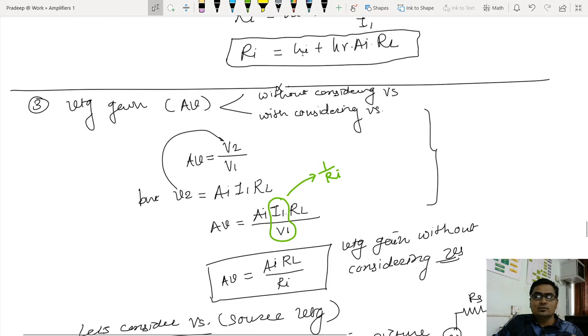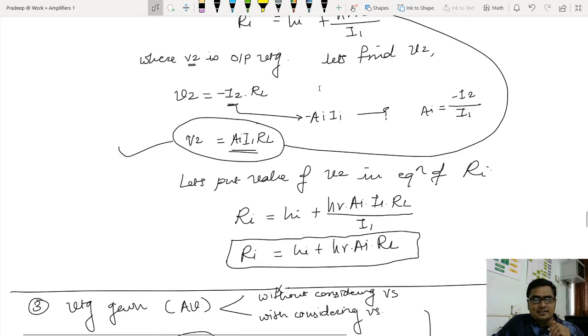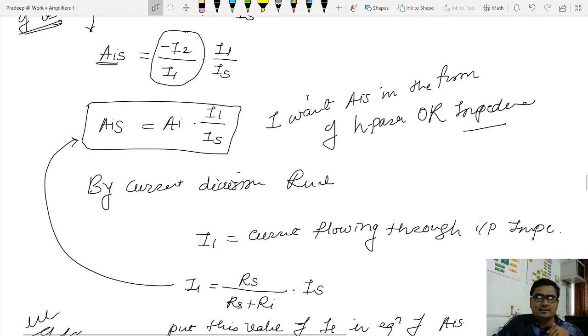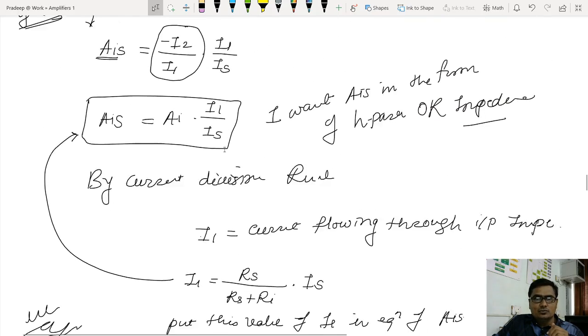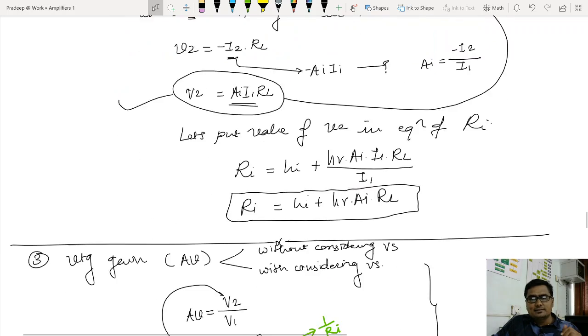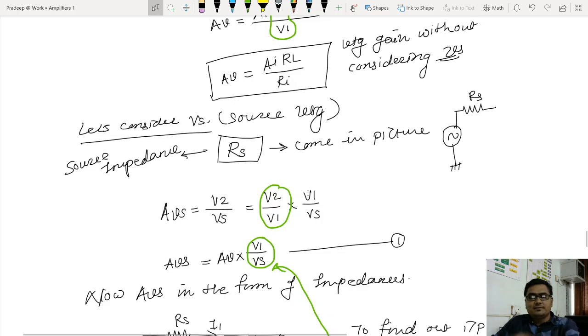Ri again depends on Hi and Hr. It means again voltage gain depends on h parameters. And if I calculate Ai, then again Ai also depends on the h parameters. It means all those amplifier parameters, if I treat them with the hybrid h model, depend on hybrid parameters. So everything depends on hybrid parameters if I am using the transistor hybrid model, and that is what we have to use in the amplifier.